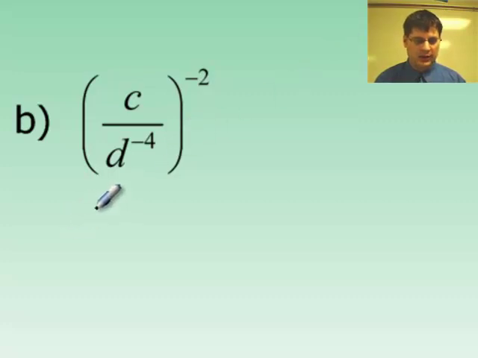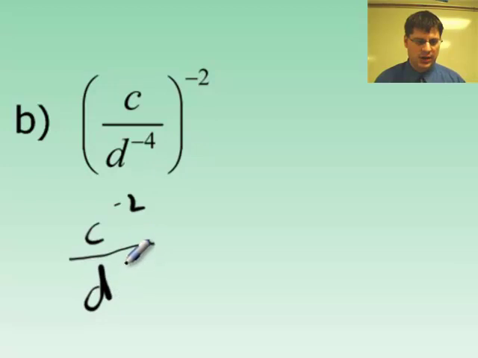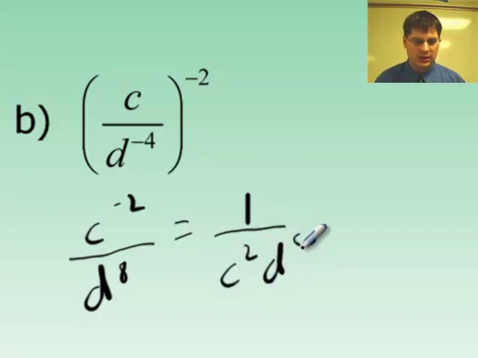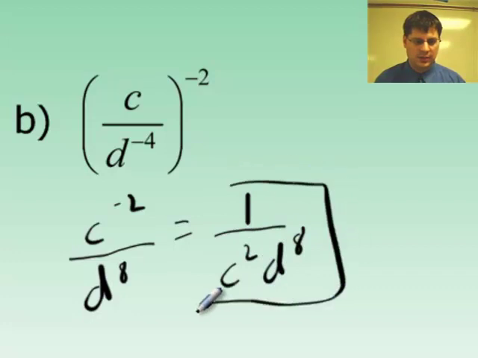So I'll rewrite this as c to the negative 2 over d to the positive 8th. And then I'm going to evaluate the negative, so it's on the c, so it's going to flip sides. So I'm going to have c squared over d to the 8th. And that's it.